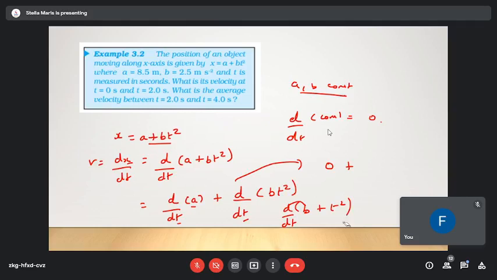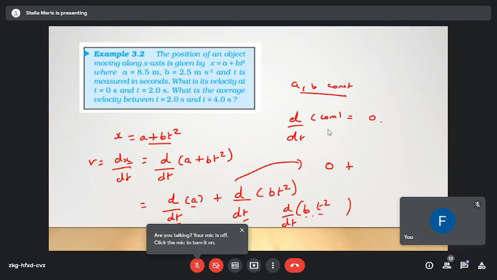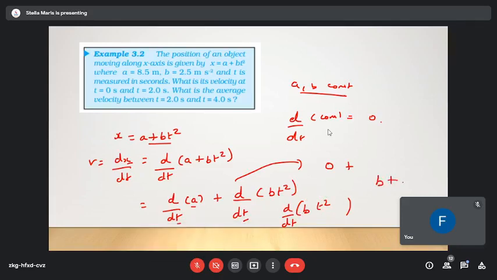But when I am just differentiating bt squared, which is in the multiply format, this constant is in a multiplier format of t. This is the whole term. When I differentiate b plus t squared, this is one term and this is one term, you understand.